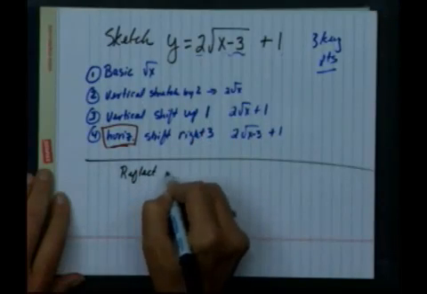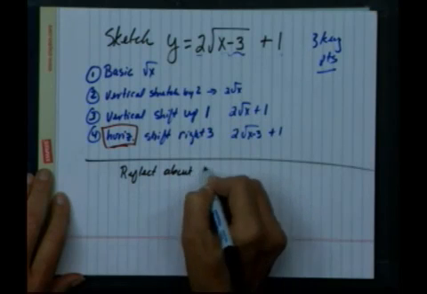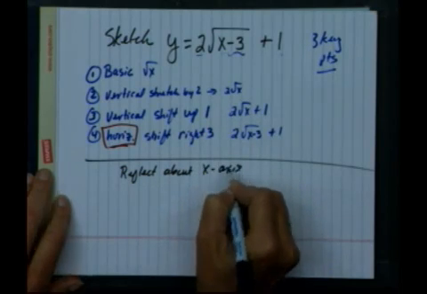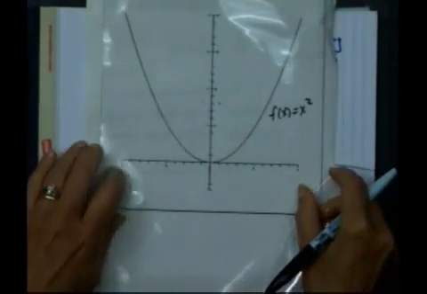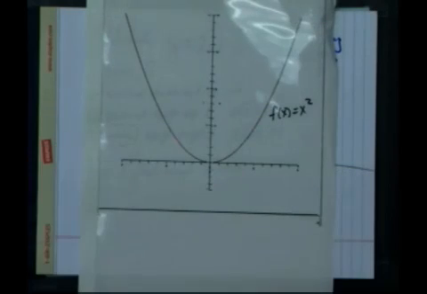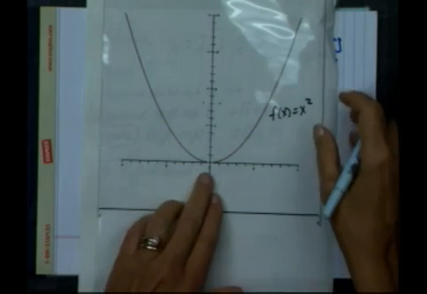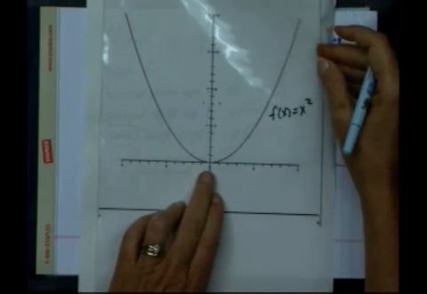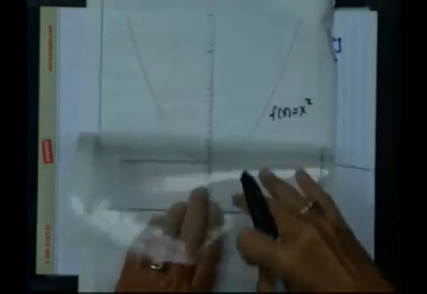Okay, the next little topic is reflection about the x-axis. And we're going to go back with my illustration here, y equals x squared. If I'm going to reflect something about the x-axis, it's just like I'm going to fold the paper along the x-axis.